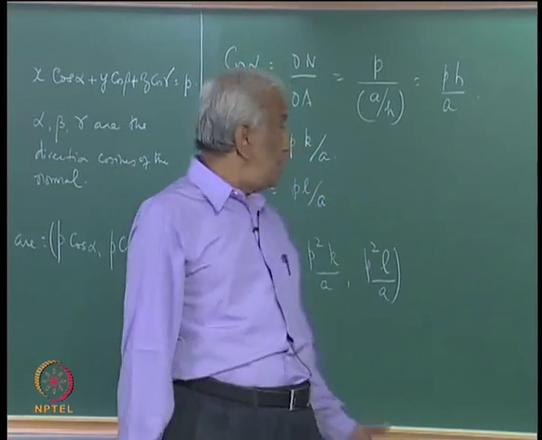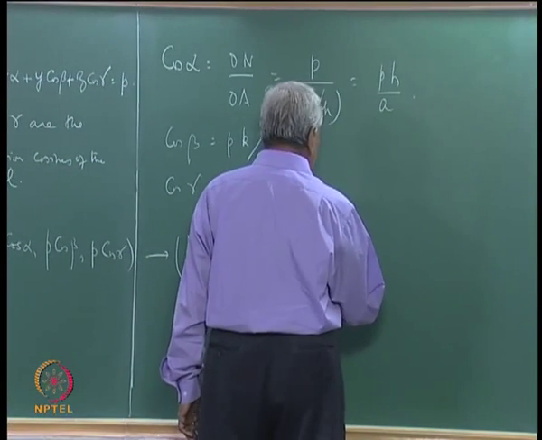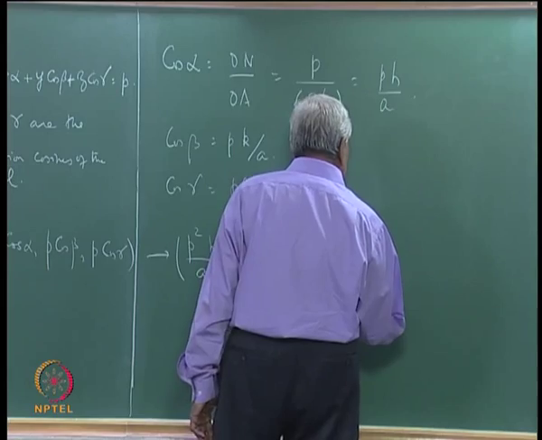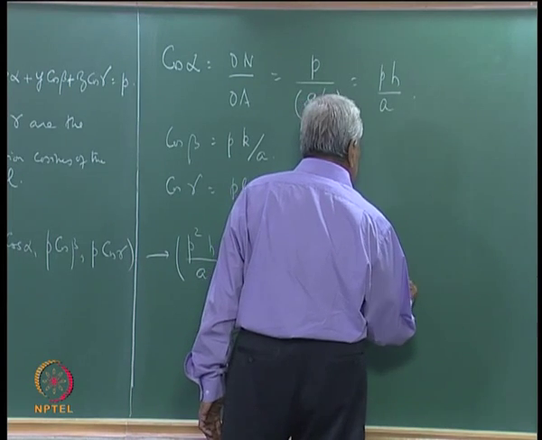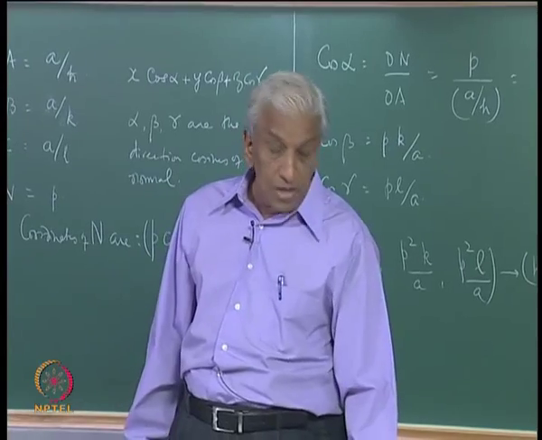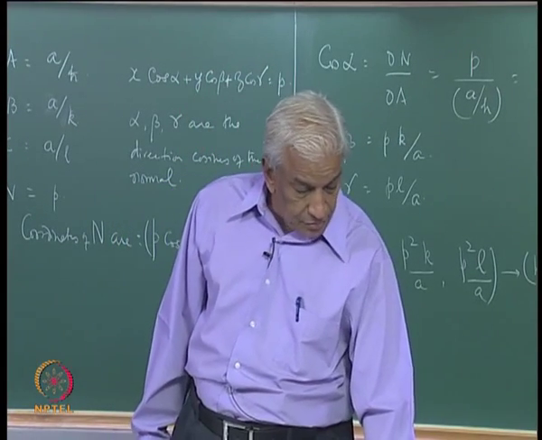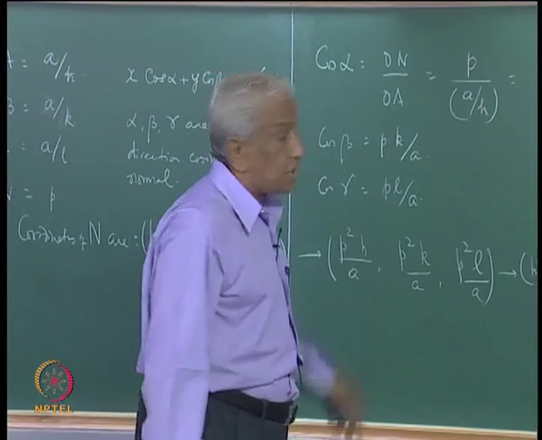Therefore, reducing this to the smallest integers and taking the common factors away, we arrive at hkl as the direction normal to the hkl plane. So, that is the direction hkl.